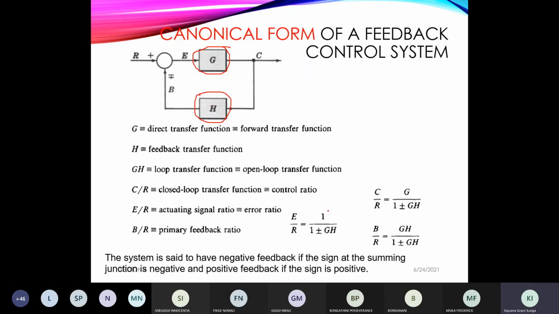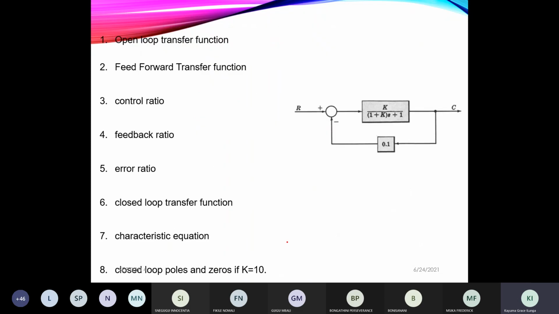So when we consider things from the error signal, we can write our transfer function in this way. That's going to be our output. Don't mind this formula, we will be back to it when we see the steady state error. That's going to help you. And also the primary feedback. This is just some definitions.